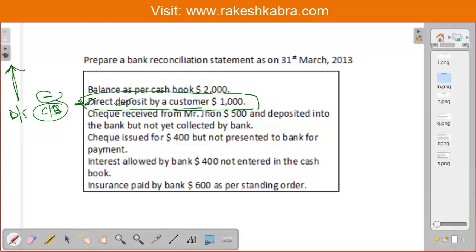Now in this question, my target is the bank statement, not the cash book, because the cash book balance is given. Getting my point? So to reach this target, I have to move upward side. Move upward side means I have to add this figure.